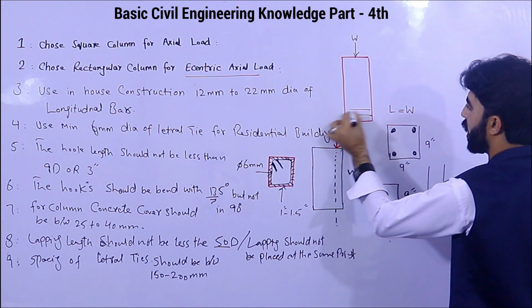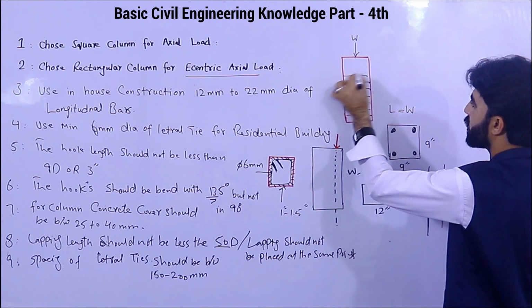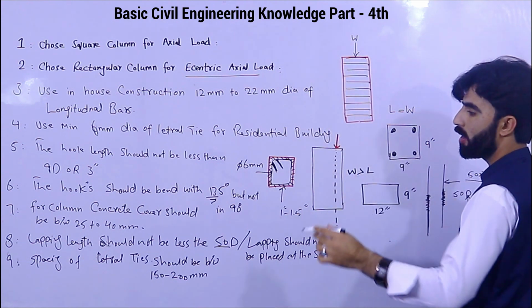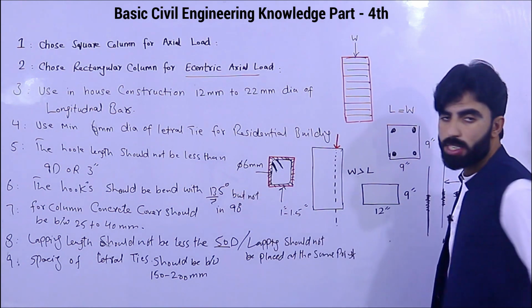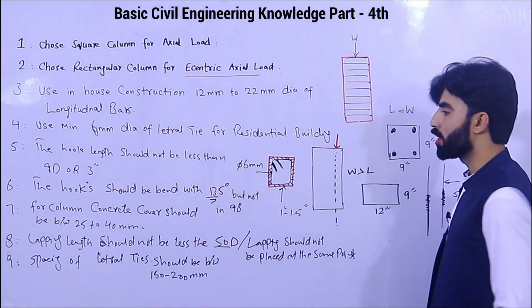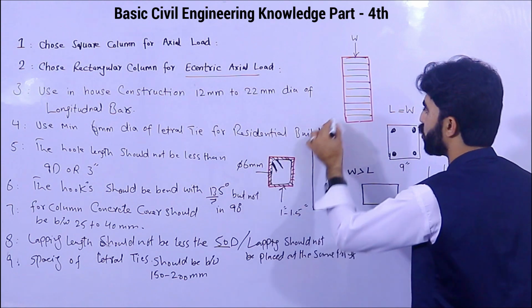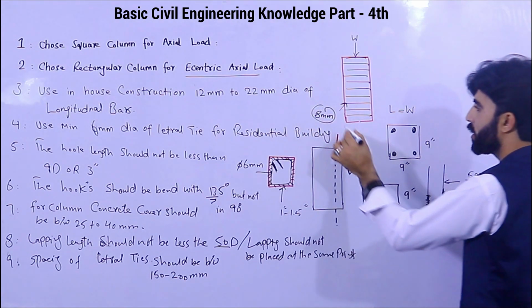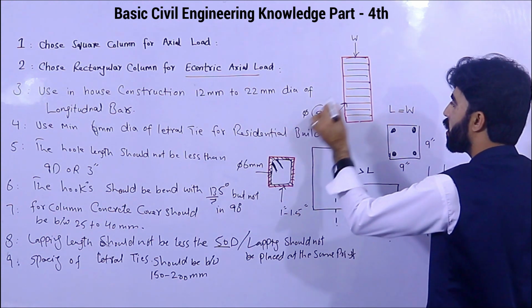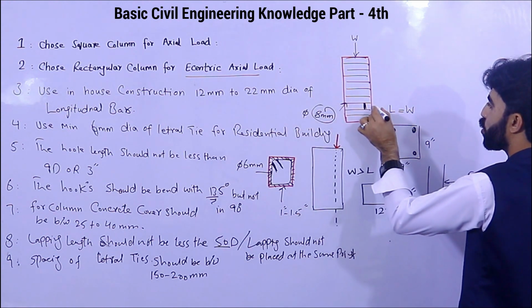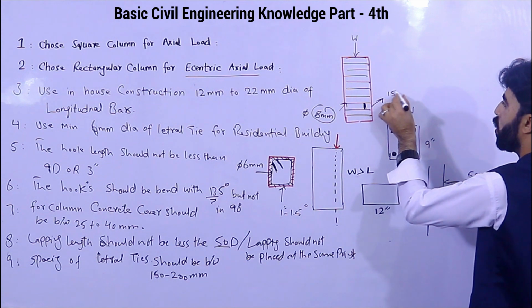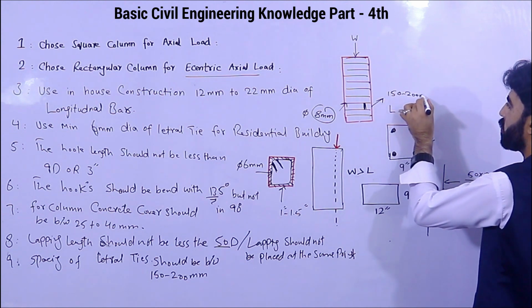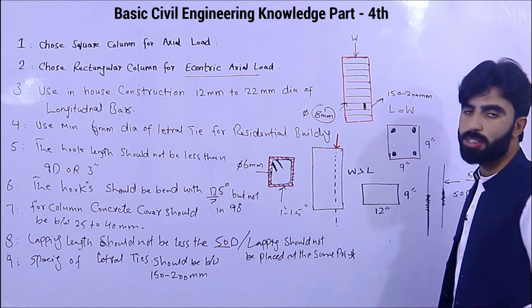So these are lateral ties. The lateral ties dia should not be less than 6 mm as I told you for a normal residential building, but I recommend you try to use 8 mm dia. The spacing between two lateral ties should not be more than 150 to 200 mm.